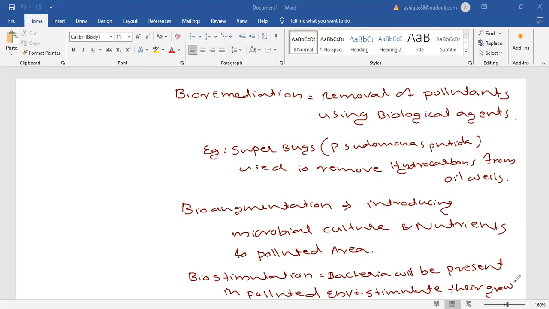By the addition of nutrients, we will stimulate their growth. That is known as biostimulation.